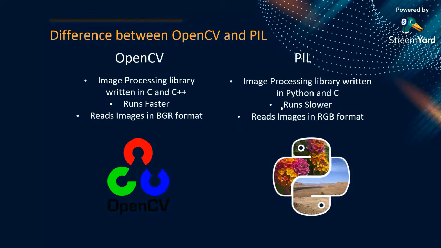Another minor difference is OpenCV reads images in BGR format, whereas PIL reads in RGB. This is because when it was written, camera companies usually used the BGR format. So that's why it was more popular at that time.